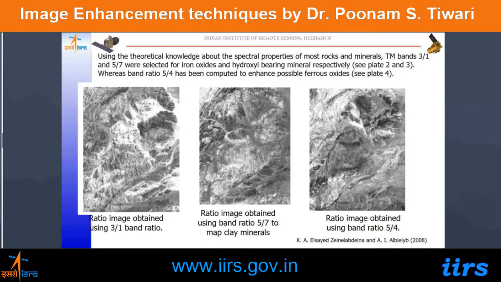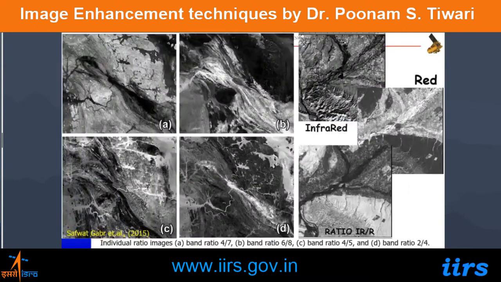The various features are enhanced, and here on the other side of the image, we have the infrared and red of the area, and when we calculate the ratio infrared by red, the entire vegetation part is so pronounced.